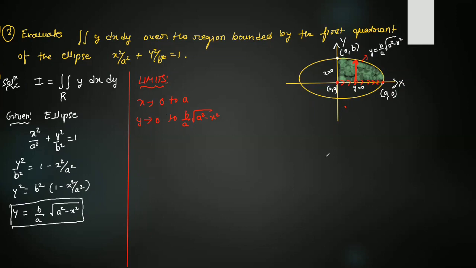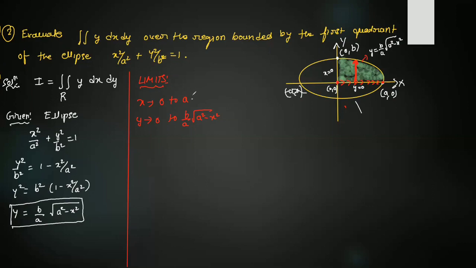This is the bounded region. 0 to A. Why 0 to A? Why not minus A to A? Because there is no bounded region on the second quadrant. Yes, so 0 to A.